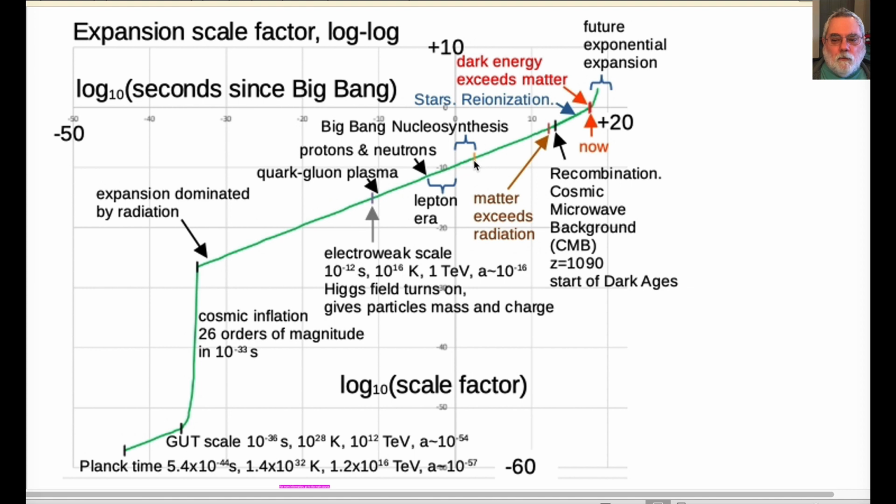Dark means rarely, if ever, interacting with light or with ordinary matter. Scientists do not know what dark matter consists of, when it was created, or if it has ever interacted with light, ordinary matter, or itself, other than through gravity.